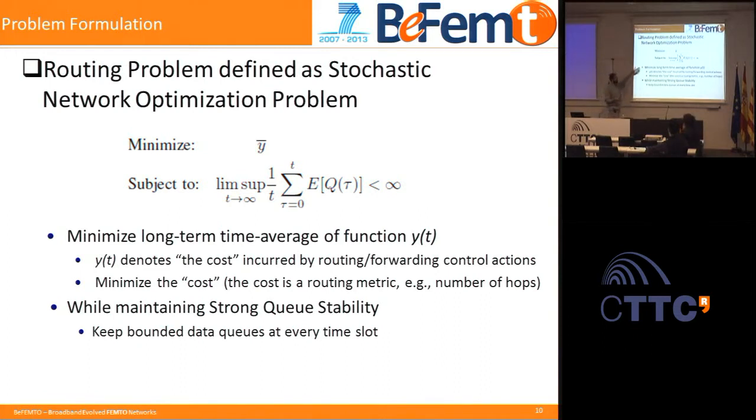This is what the constraint means, which is called strong queue stability: the long-term time average of the expectations of the queue backlogs of the whole network, which gives you an idea of the congestion state of the whole network, at a given time slot, because in the stochastic network optimization framework you use time slots, is finite. So queues do not grow to infinity, right?